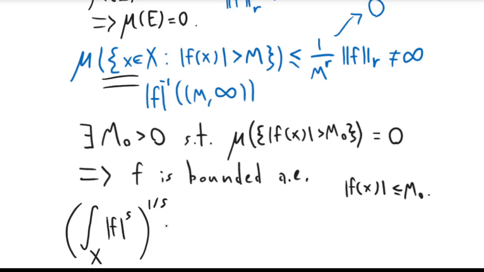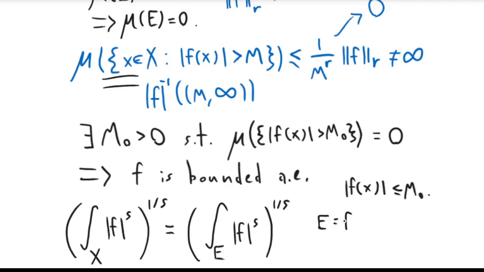And if you think about it, this is just equal to the integral over E of absolute f to the s, to the 1 over s, where E is absolute f inverse of, what would it be? 0 to M naught, right?